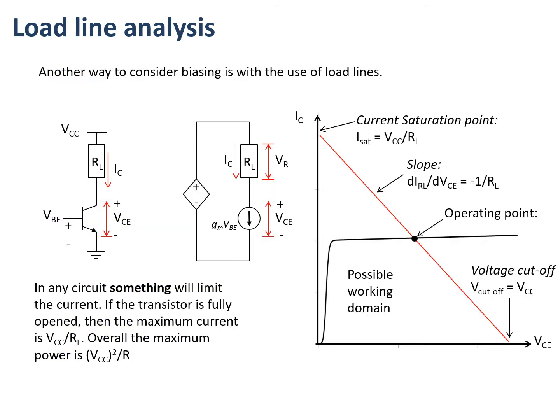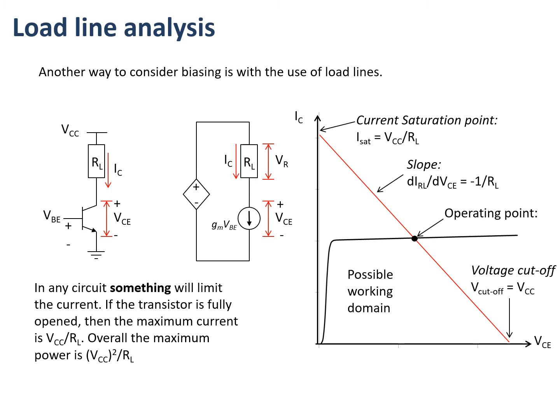Now, one of the ways that we analyze this performance is to do what we call a load line analysis. So let's think about our circuit again, where we've got this resistor RL in series between the collector and the VCC line. I could control the transistor by VBE, for example. Now, of course, we're thinking about a circuit, not just the transistor. In the circuit, something will limit the current.